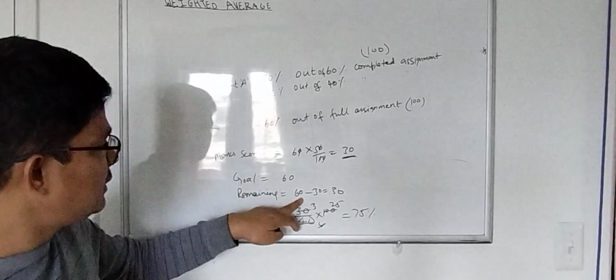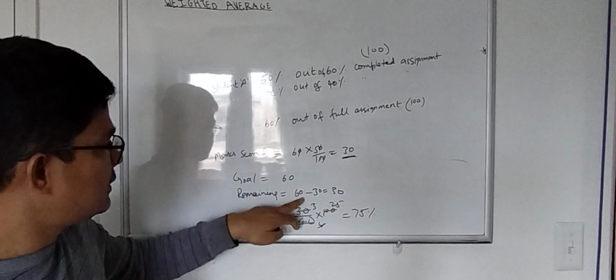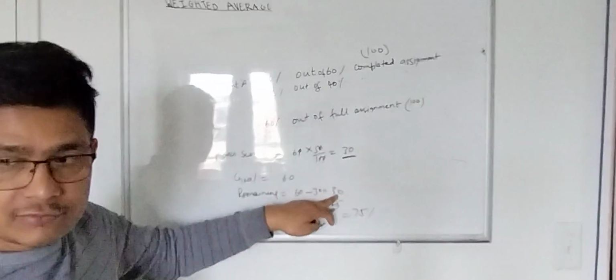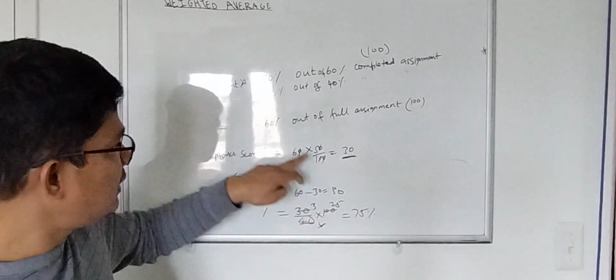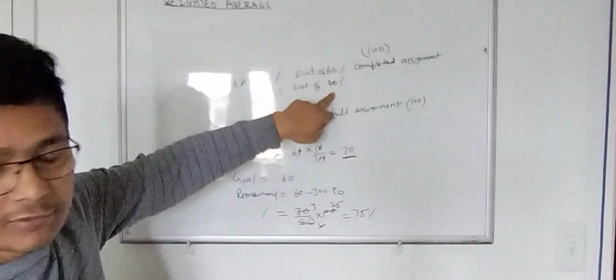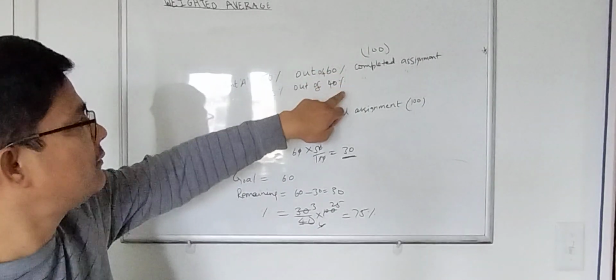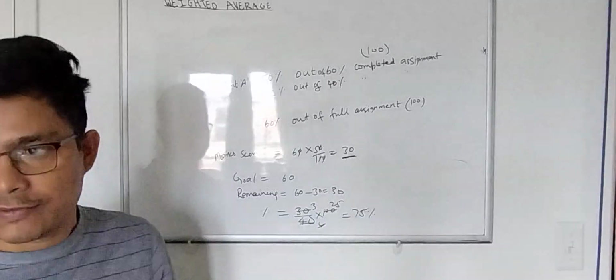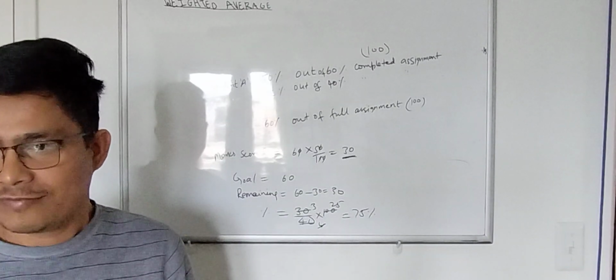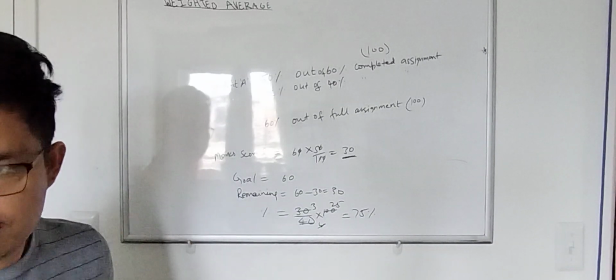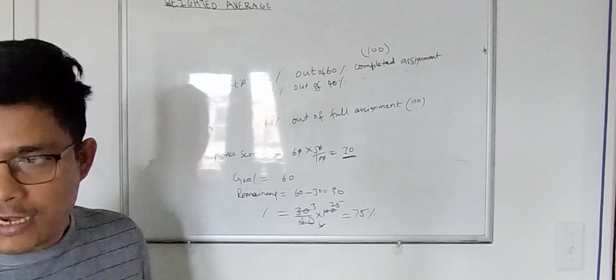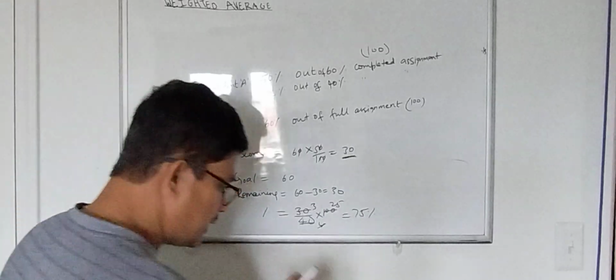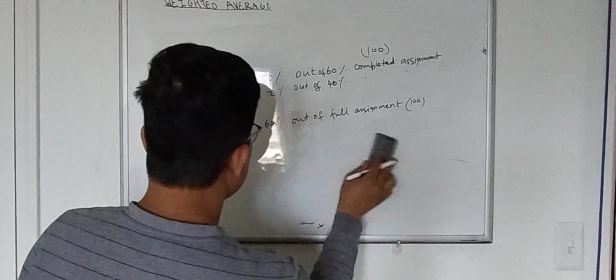So what is remaining? 60 minus 30 is 30. So now the goal is to get 30 out of the remaining 40, because 40% of 100 is 40. So 30 divided by 40 times 100 is equal to 75. Okay? Did you get it? So this is another type of weighted average problem. Let's talk about another problem.